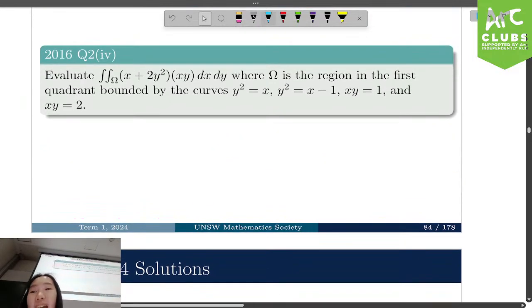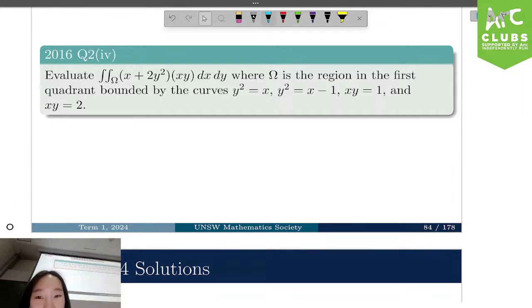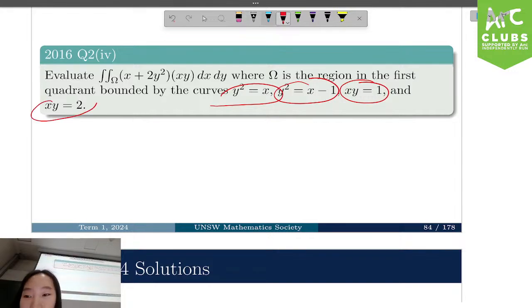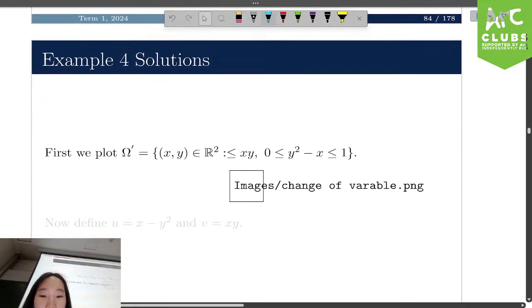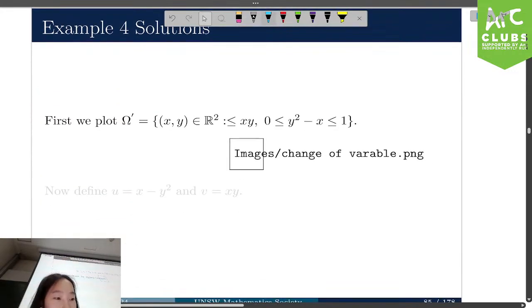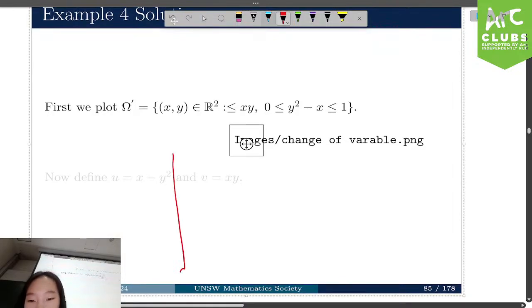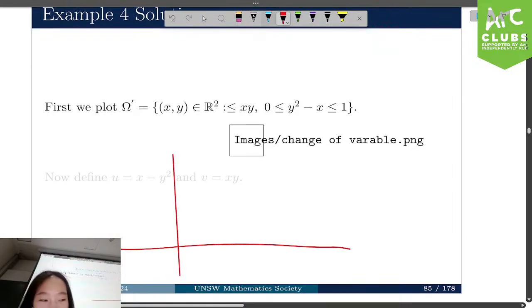Evaluate the double integral of (x plus 2y squared) and xy, dx dy, where omega is the region in the first quadrant bounded by these four curves. All right, unfortunately the picture is not showing, but no worries, we can draw. We like drawing.